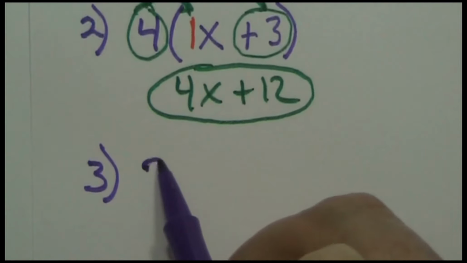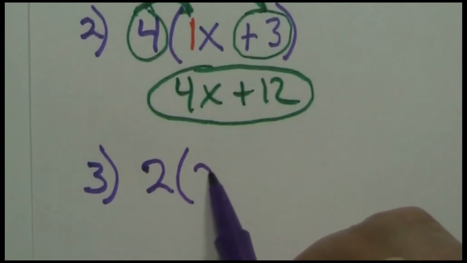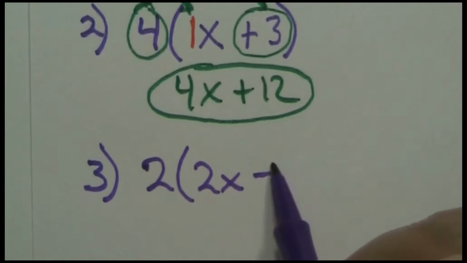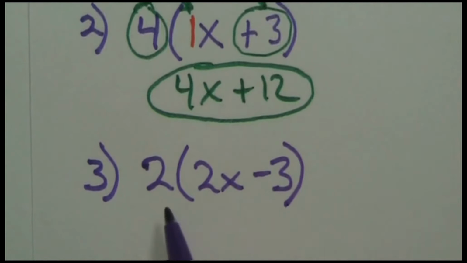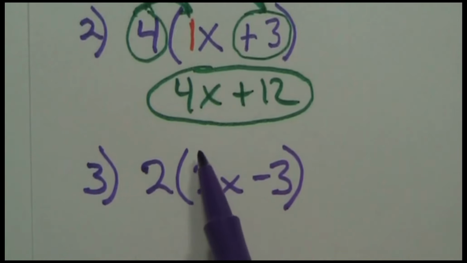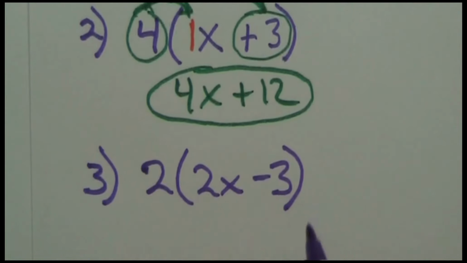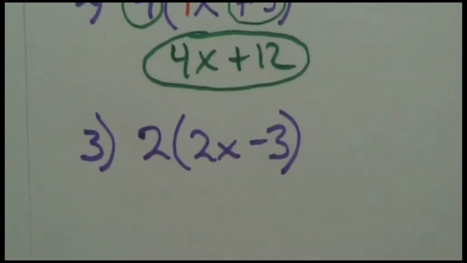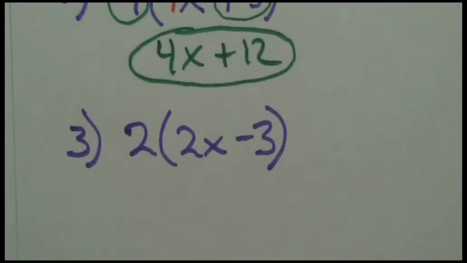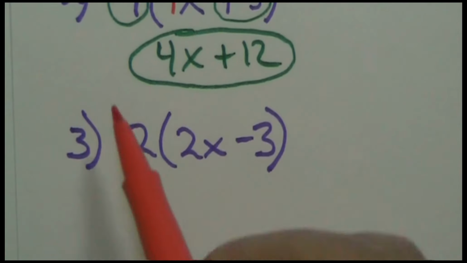Okay, our next one. Two times the quantity 2x minus 3. So again, we'll take the outside times each one inside.